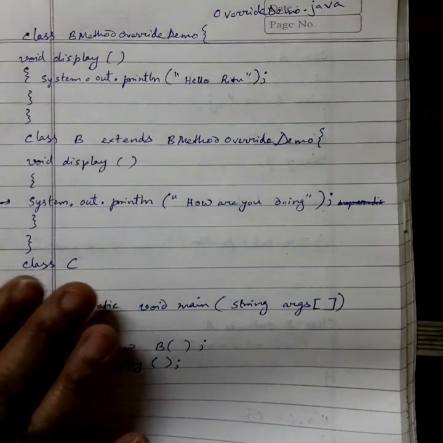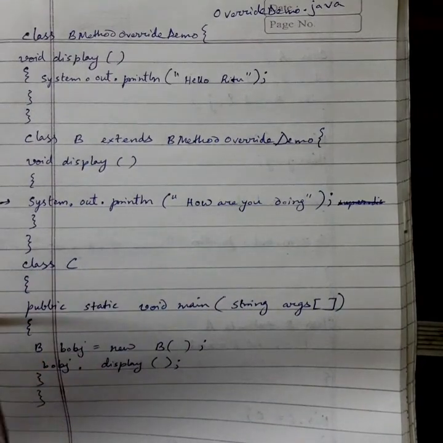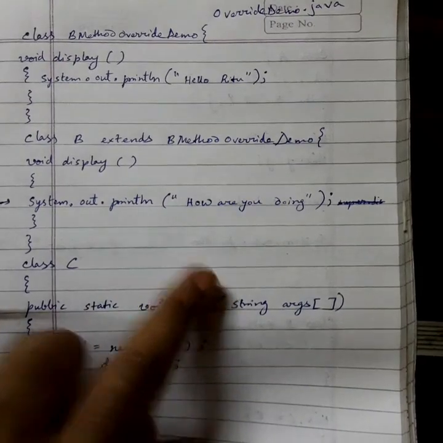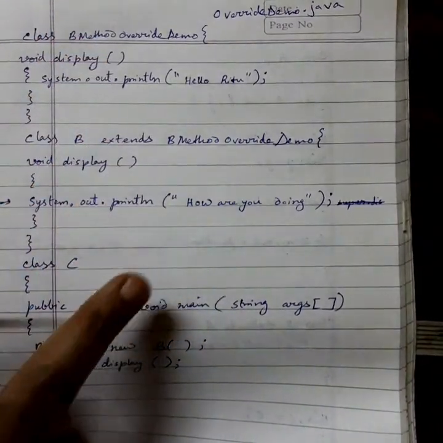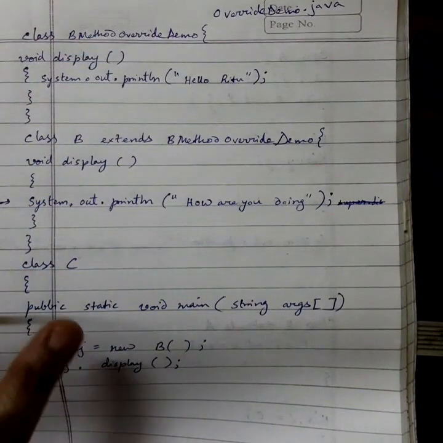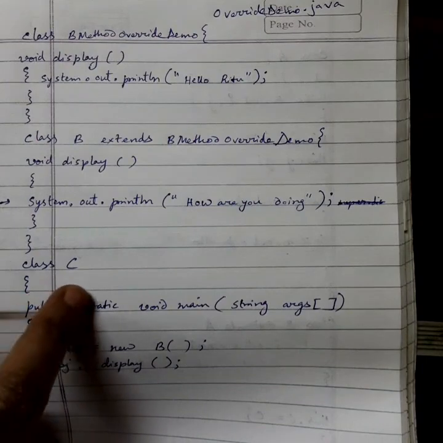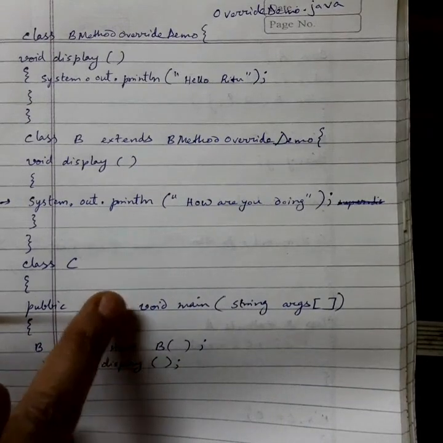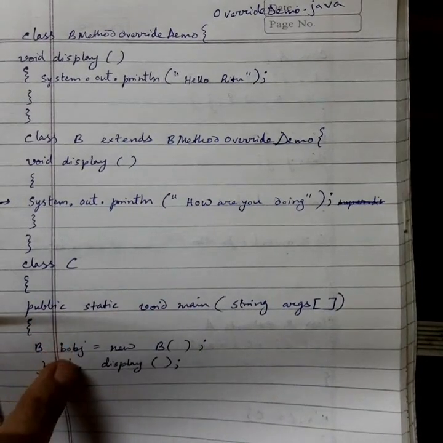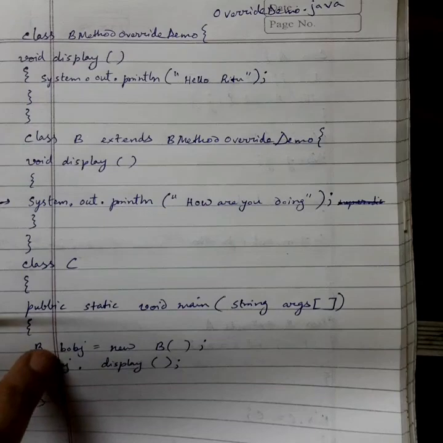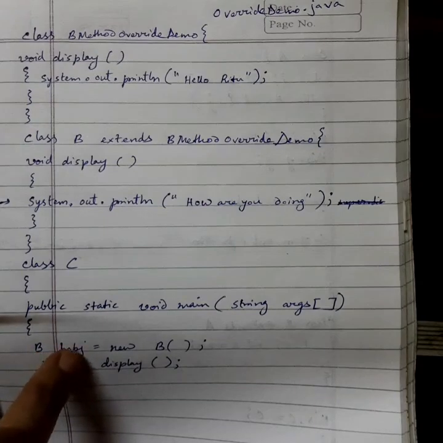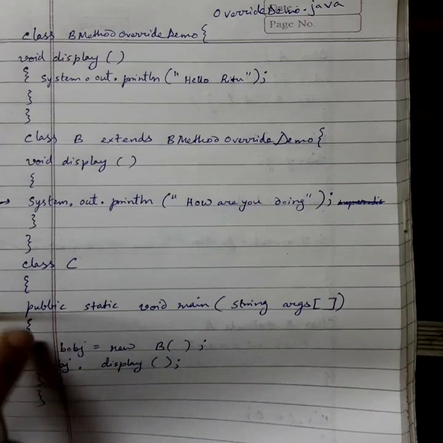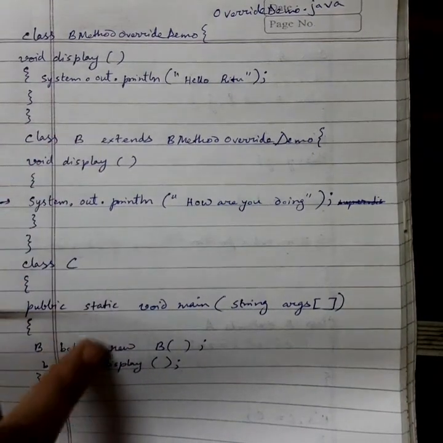So now comes class C. From the execution point, this is the execution point. I had been explaining like this, but in terms of execution, the entry point is here, void main, control comes here, then moves on to the next line, bobj equal to new B, wherein an object of class B is being created.